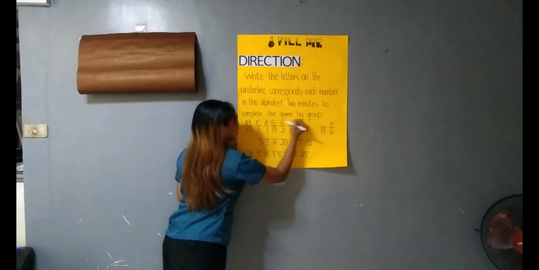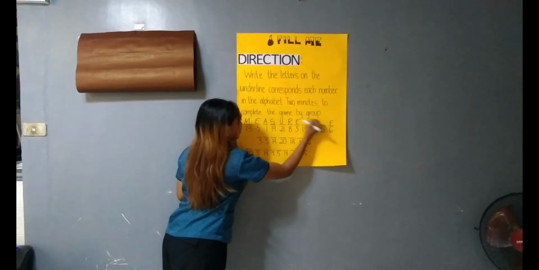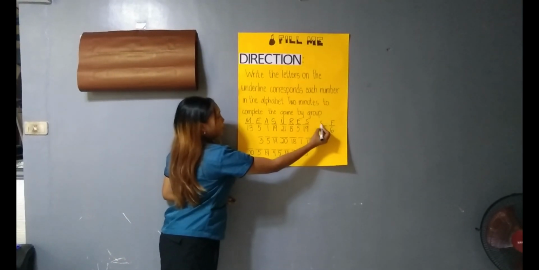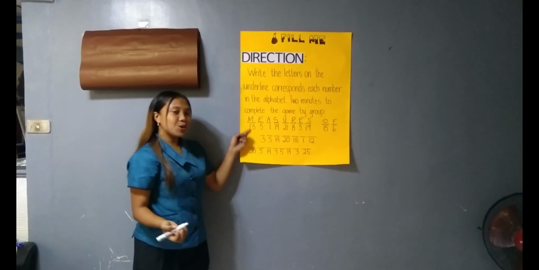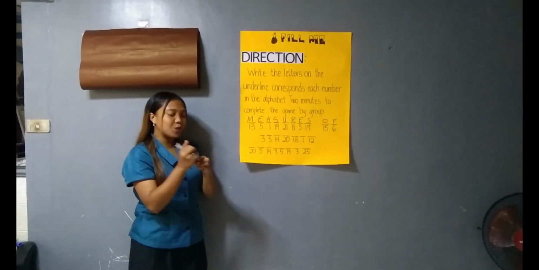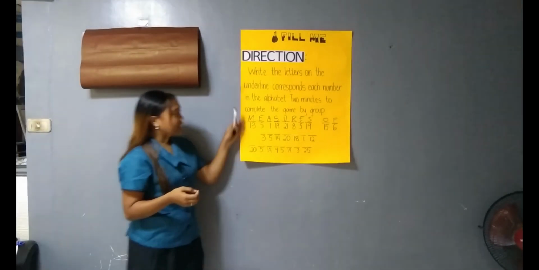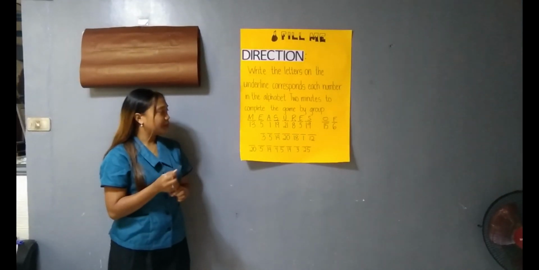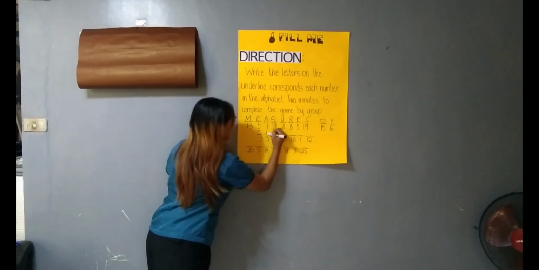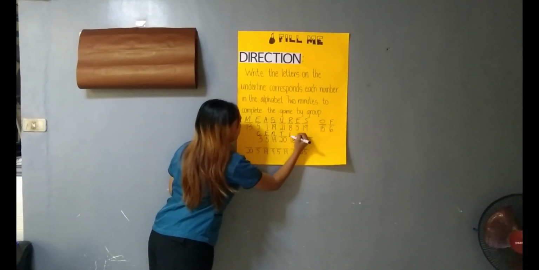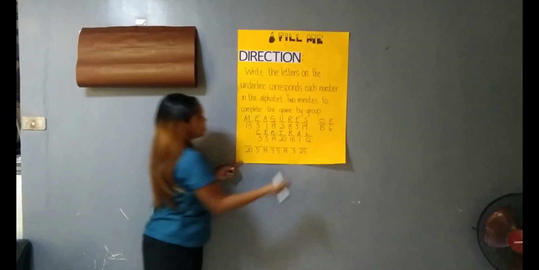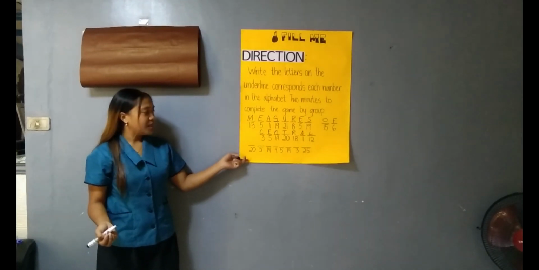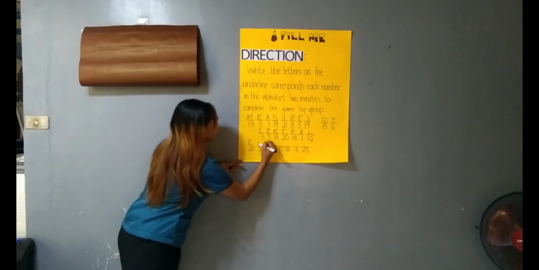Measures. Then the next. Can anyone tell us what word we are looking for? Group 2, the next part. Central. And for the last word, group 1. Tendency. Very good.